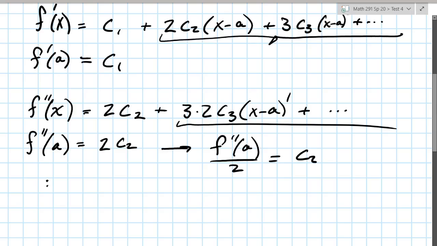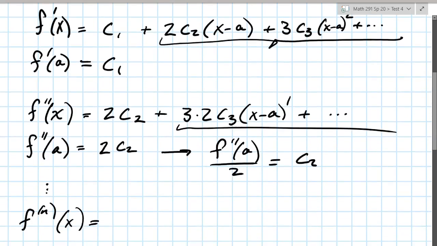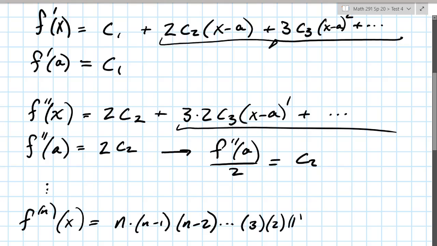It would be nice if we could find a pattern and just look at this in general. So what is the nth derivative of this thing? Well, the nth derivative is going to come from that nth term. So we're going to have something like n times n minus 1 times n minus 2 dot dot dot 3, 2, 1 times c sub n.